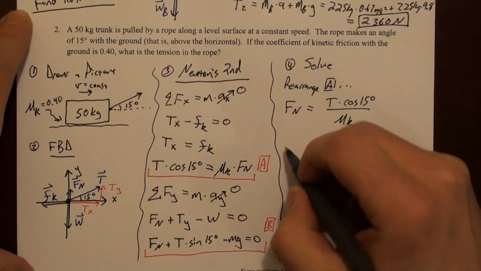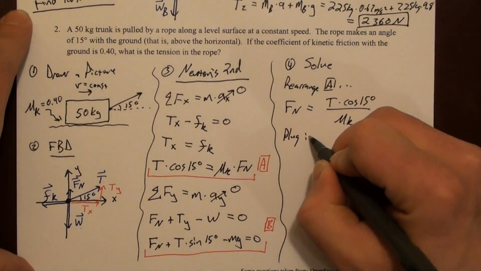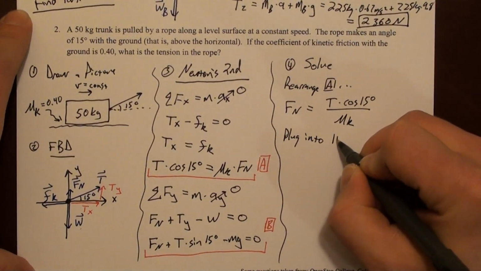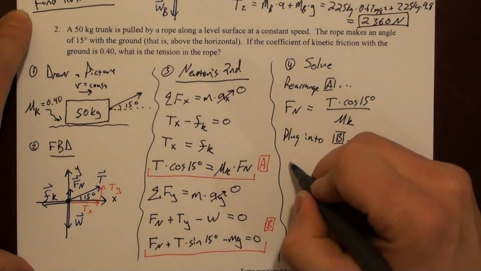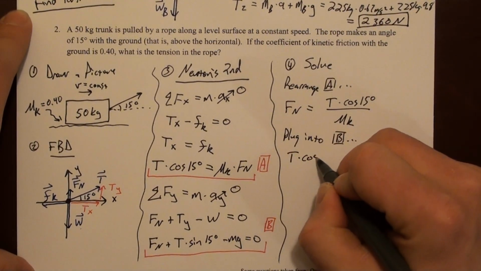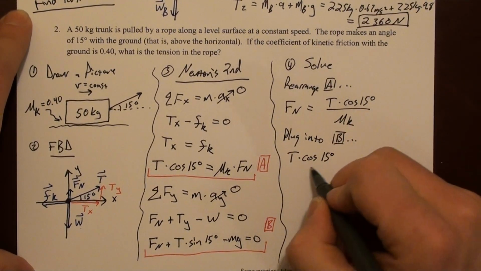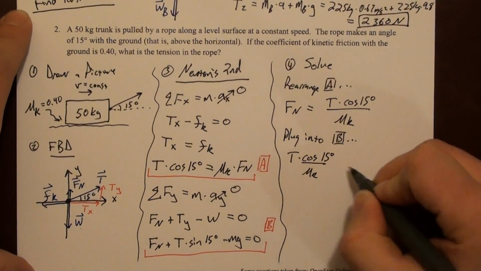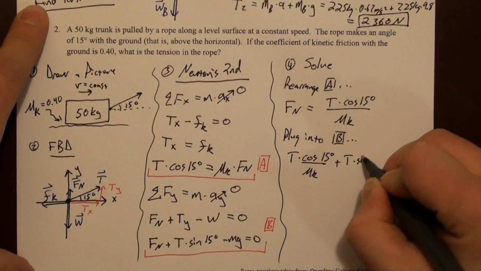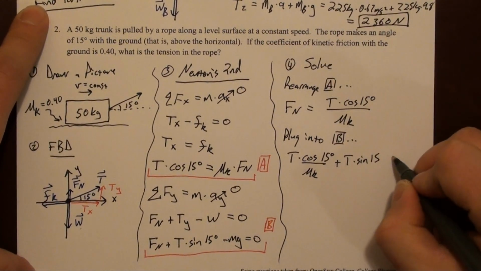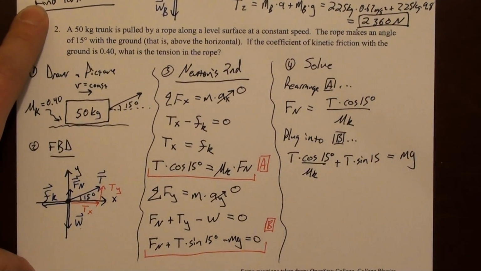Right, now I'm going to plug that into B, and when I do that, I get T cosine 15 over mu sub k plus T sine of 15 equals mg.